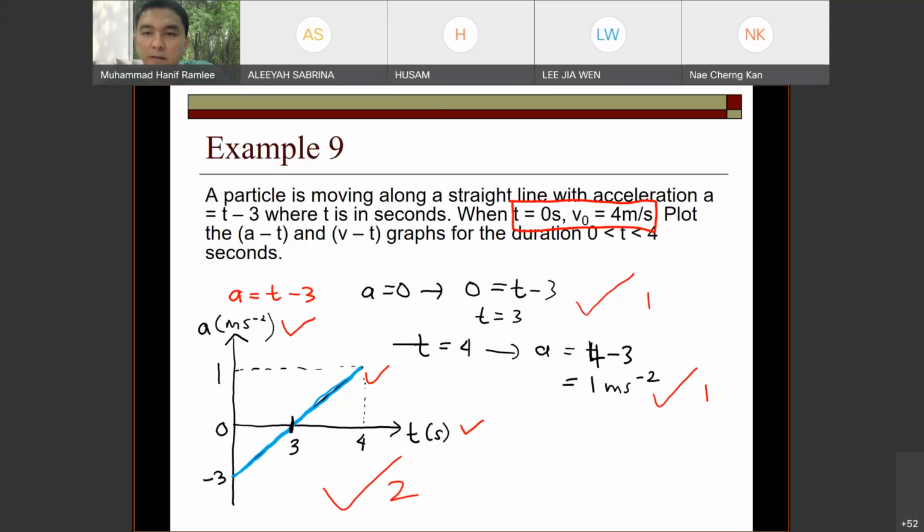Intan Nur Faiza, do you have the answer? I'm still drawing the graph, Doctor. Okay. Wong King Tong, do you have the answer? Do you have the graph right now? Yes, Doctor, but the drawing is terrible. Doesn't matter. You can share it with us. My drawing is more terrible than yours.